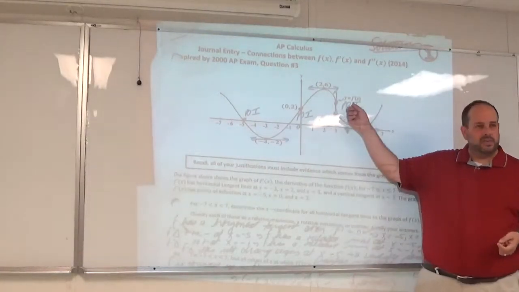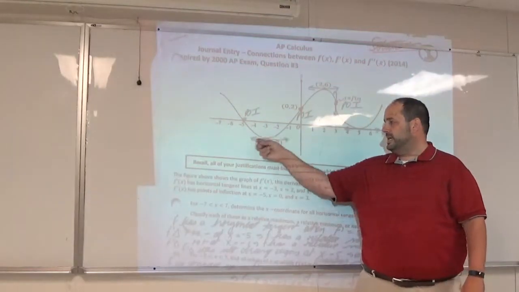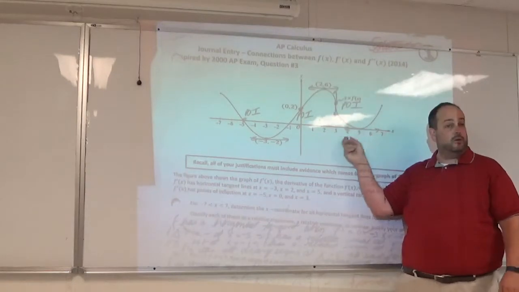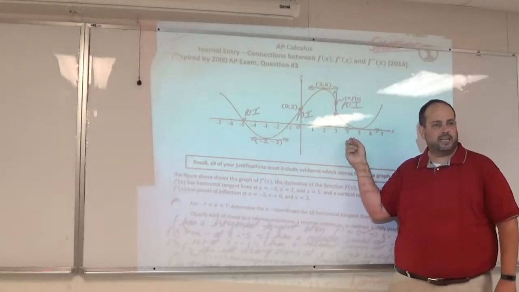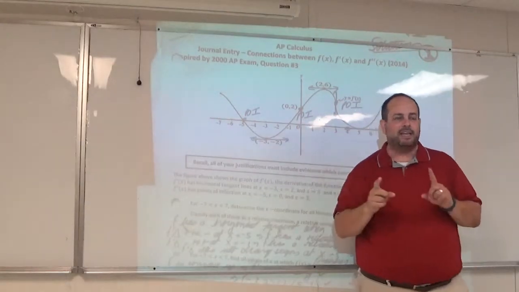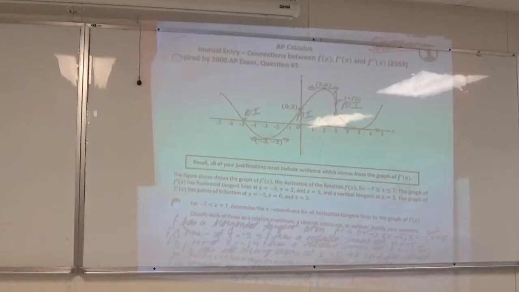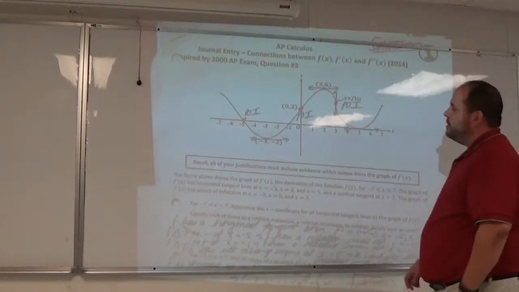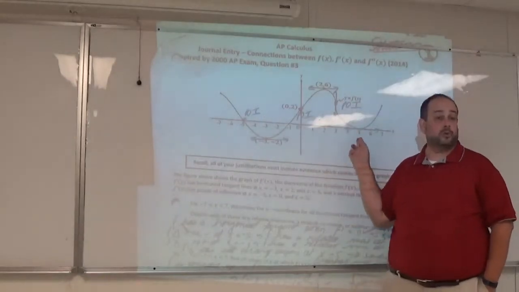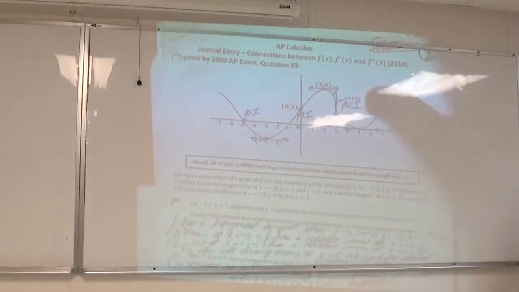What graph is this? F prime. What you drew on your paper, over here and over here, those are horizontal tangent lines, but for f prime. I'm asking you in part A about where the horizontal tangent lines are for f, the graph you don't see. And the connection is that f has a horizontal tangent line when f prime is a root. Okay? All right, so let's keep going.